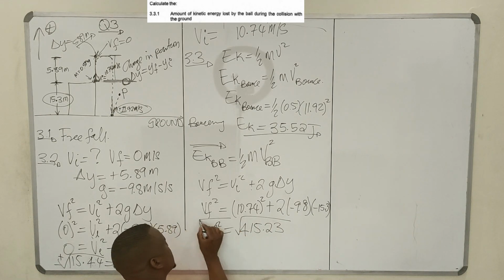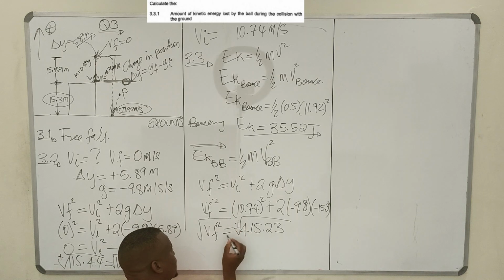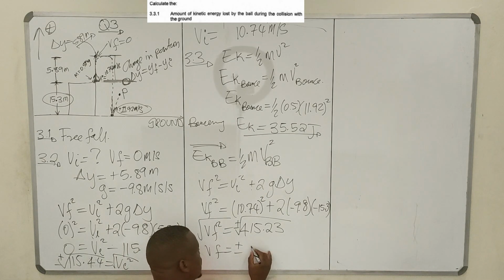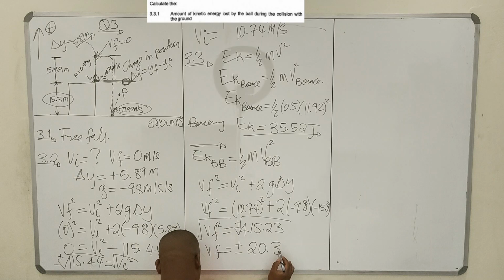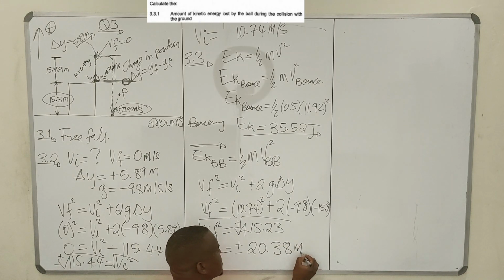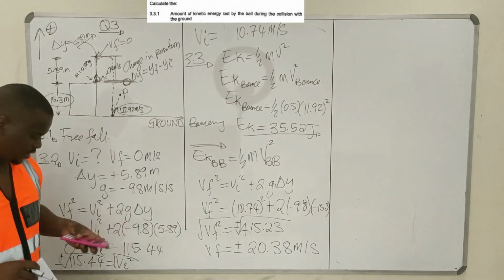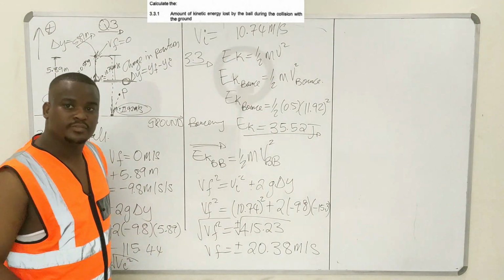You take the square root, you say plus or minus, of course, so your velocity is equal to plus or minus the square root of that, which is 20.38 meters per second.